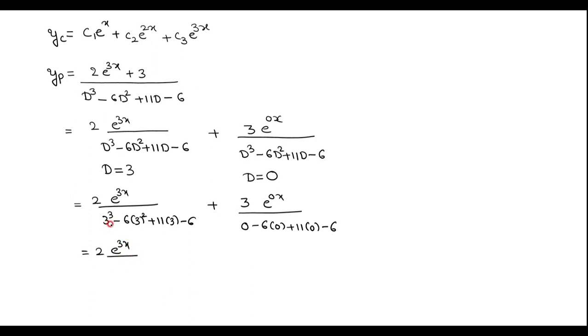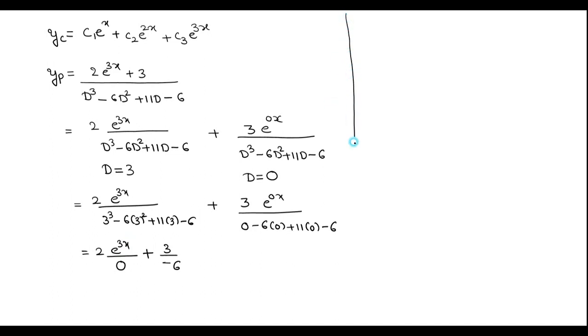On simplifying, it reduces to 2 e raised to 3x divided by 0, plus 3 by minus 6. Now note that in the previous case, we wrote yp like this if the denominator is 0.